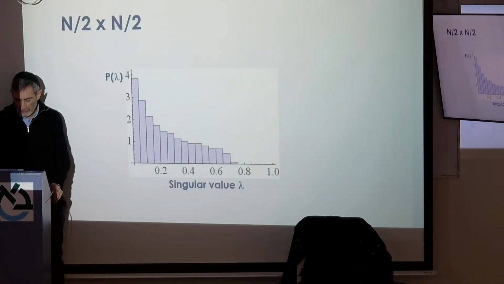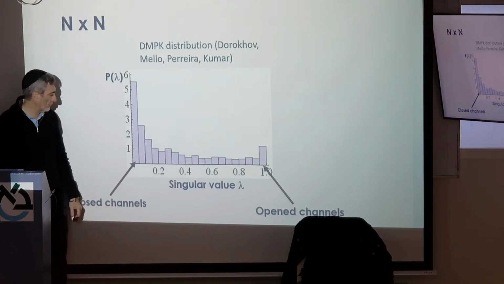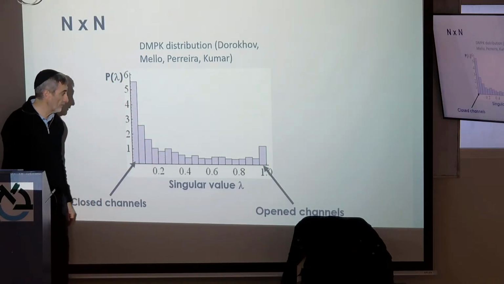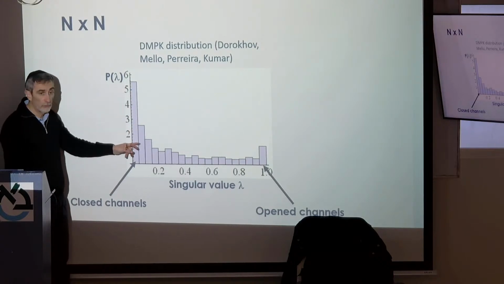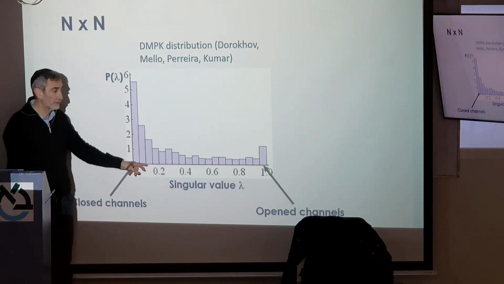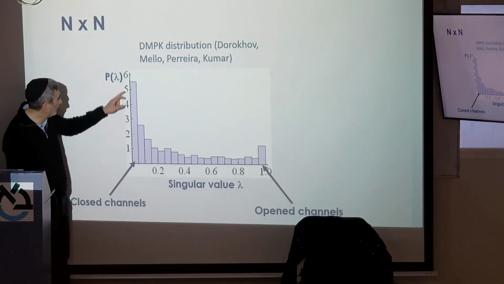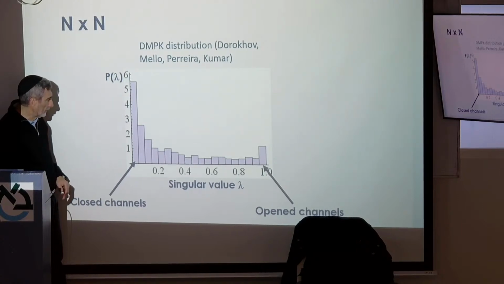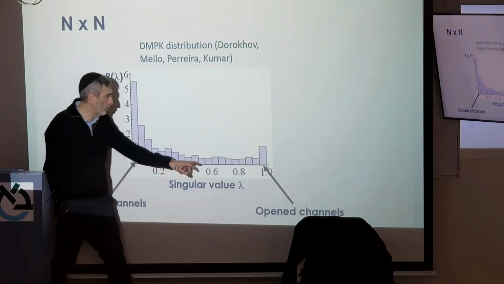If you take a large number of channels, of pixels, what you find is this type of distribution for the singular values, the numbers on the diagonal. It's a distribution, and this axis is the value of the transmission, from transmission 0 to transmission 1.